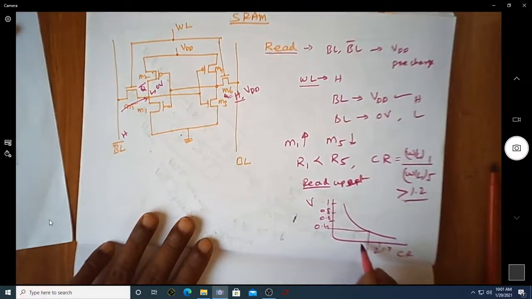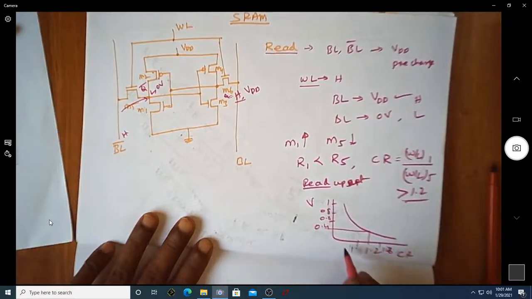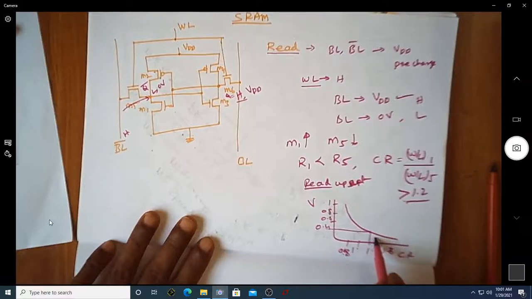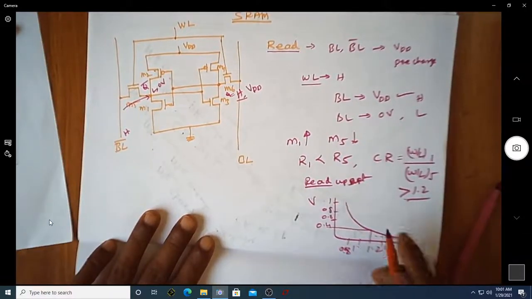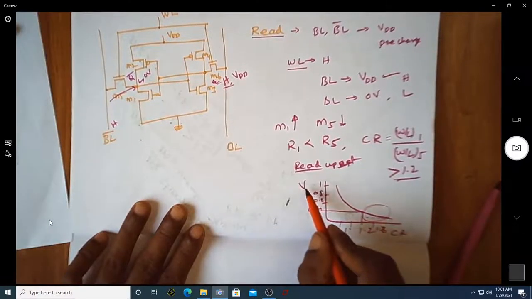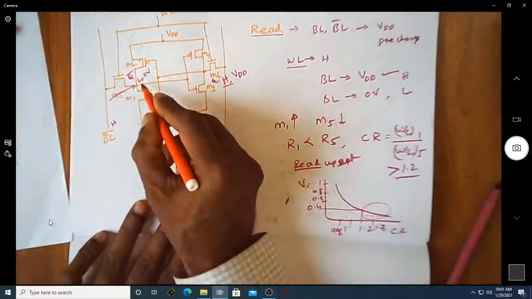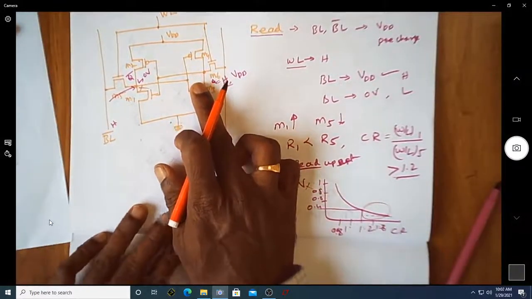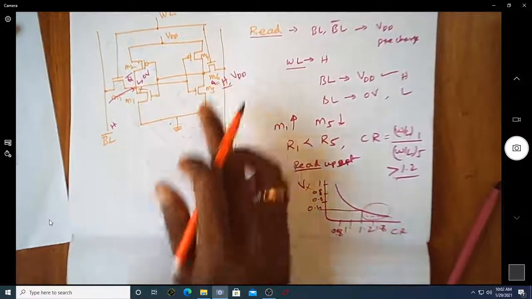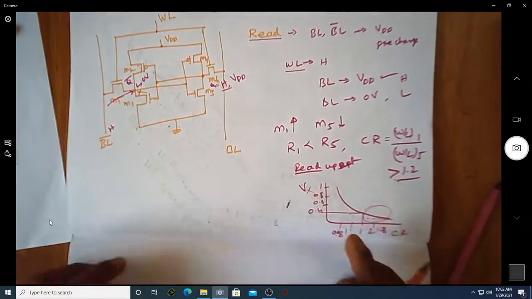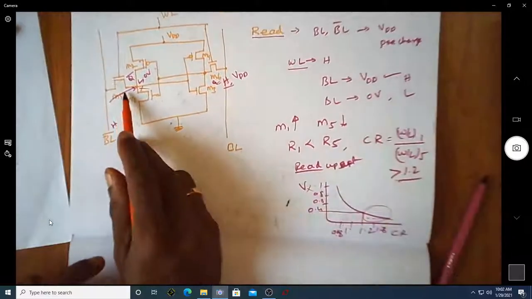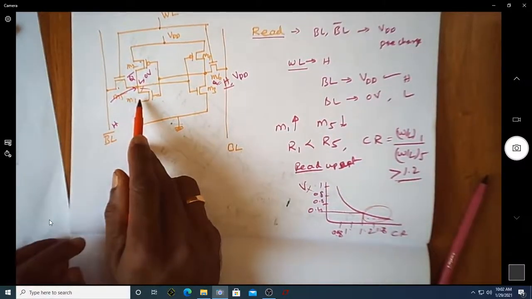What I mean to say is, if the CR value is more than 1.2, that is, if it is in this region, the voltage at this point X is always less than 0.4, so this transistor will not turn on and it remains in the previous state of high. So you will be properly reading the value if you maintain the resistance offered by this high compared to the resistance offered by this.